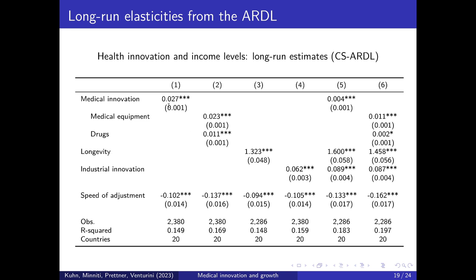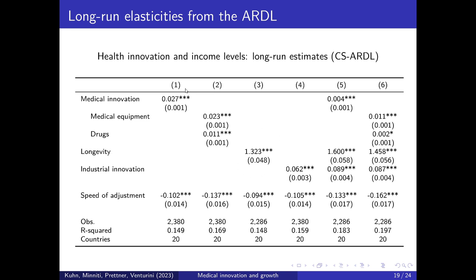Now, it's important to see that the coefficient of medical innovation is much smaller than the coefficient of industrial innovation, which is to be expected because industrial innovation increases productivity directly, and medical innovation perhaps only via certain other effects, and some of the medical equipment innovation may also be helpful in fostering economic growth.